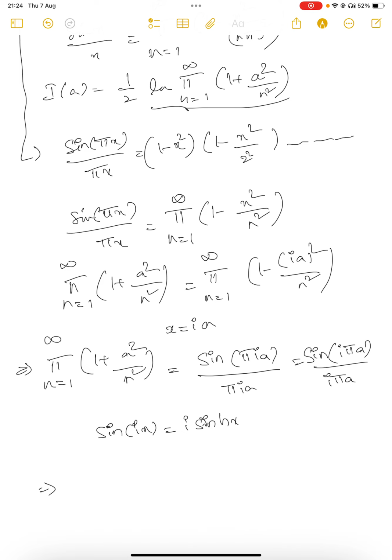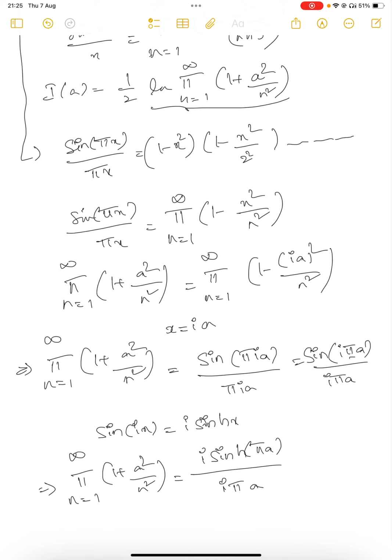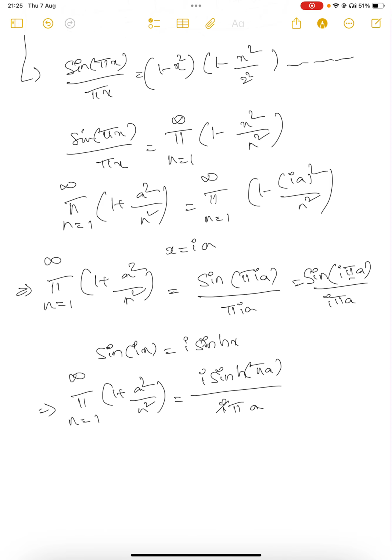That is, product n equal to 1 to infinity 1 plus a square by n square is sine, here x equal to pi a, then it will be i sinh of pi a by i pi a, right? This i will get cancelled, then it will be sinh of pi a by pi a.